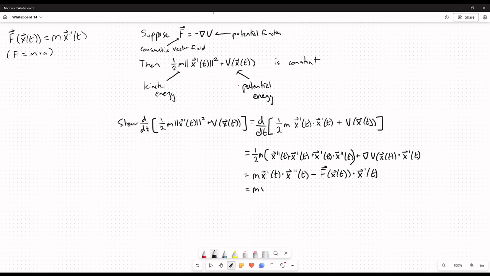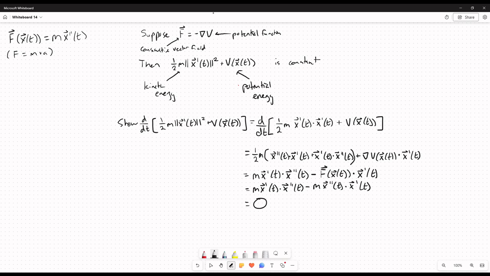So I can rewrite this as m x prime of t dot x double prime of t minus m x double prime of t dot x prime of t. And lo and behold, I just wrote the same thing twice, just with some rearranged terms. That's all 0.